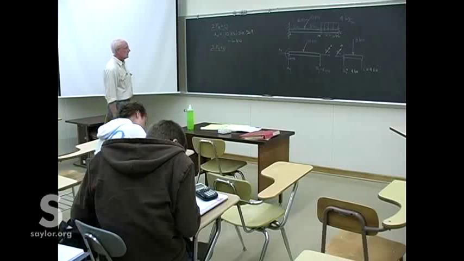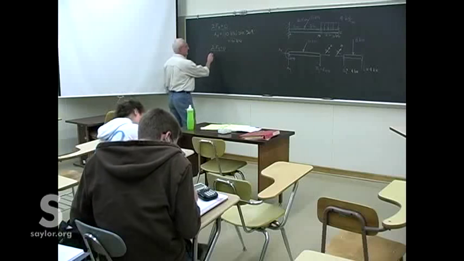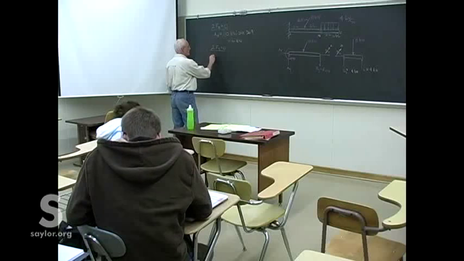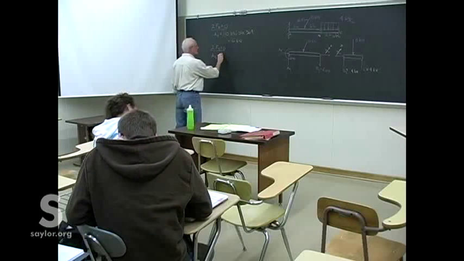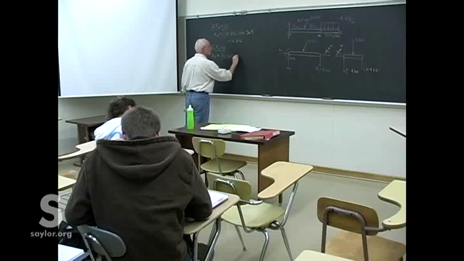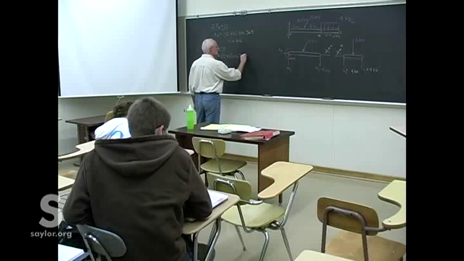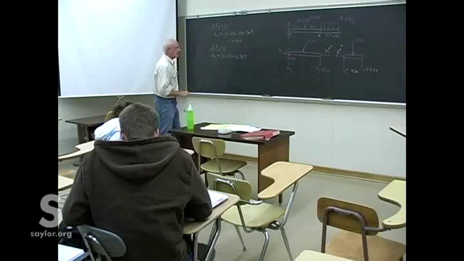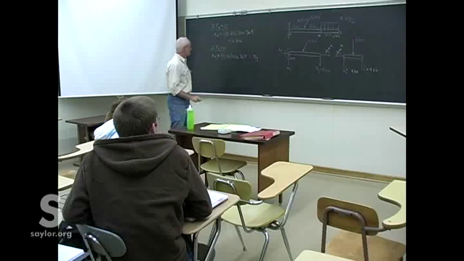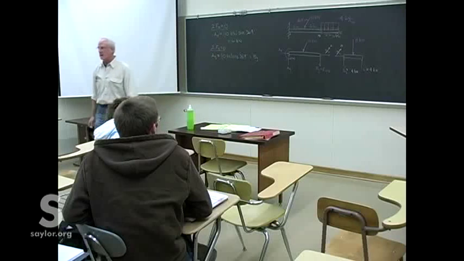Summing the forces in the Y direction, we just get the other part of it. AY up, cosine 36.9 down, and BY down. So we can't solve that one.